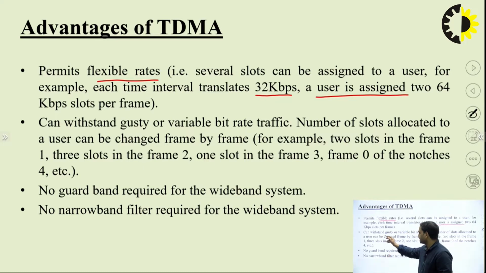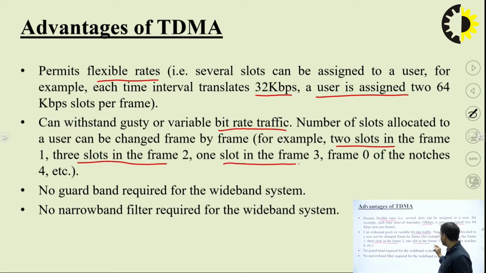It can withstand bursty and variable bit rate traffic. The slots which are allocated to a user can be changed time by time or frame by frame, right? For example, two slots in frame 1, 3 slots in frame 2, 1 slot in frame 3, and none in slot 4.